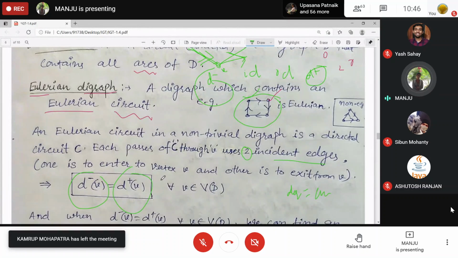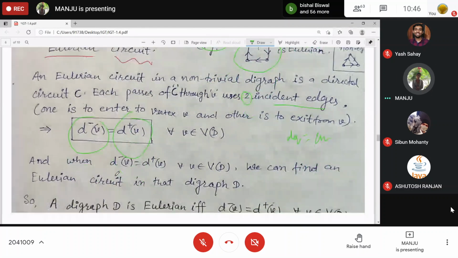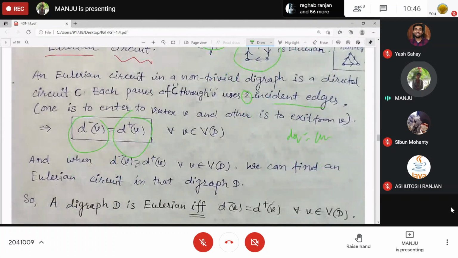Okay. If the digraph is Eulerian, then in degree is equal to out degree. And if in degree is equal to out degree, then you can always find the Eulerian circuit, meaning that graph will be an Eulerian digraph. Clear? And if you want to check whether some graph is Eulerian or not, look at the in degrees and out degrees of all the vertices. Okay.